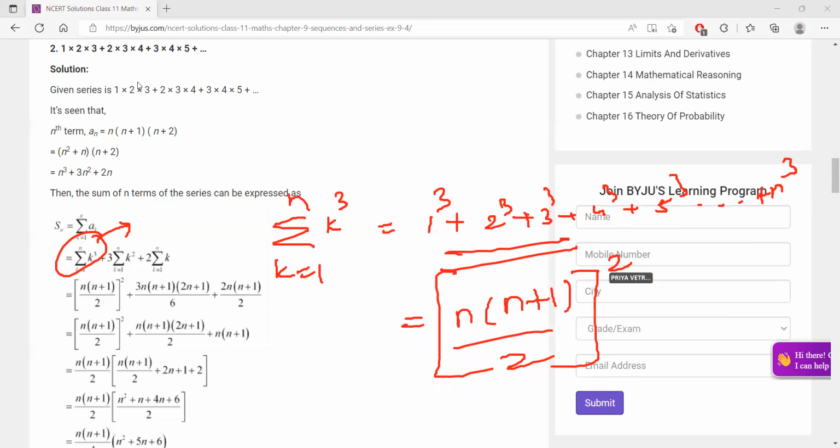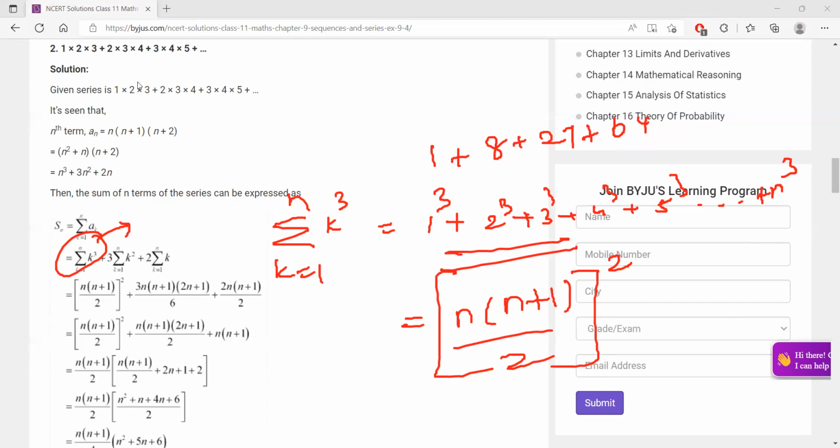For the sum of n terms, the formula is n into n plus 1 by 2 simply. There is no power, nothing. But when you have sum of cube terms, the final answer is n into n plus 1 by 2 the whole square. I'll show you a proof. For example, 1 cube is 1, 2 cube is 8, 3 cube is 27, 4 cube is 64. So it goes like this.